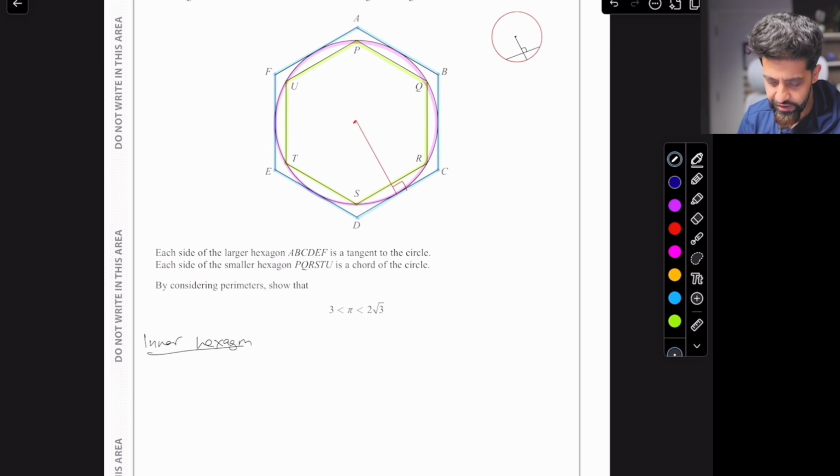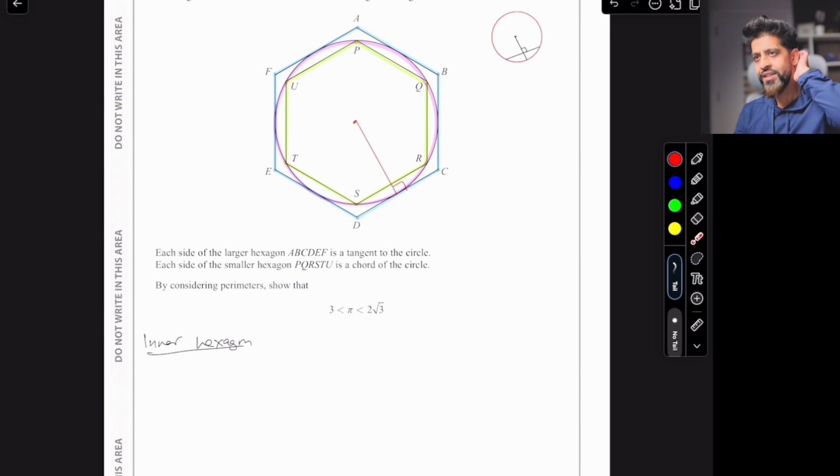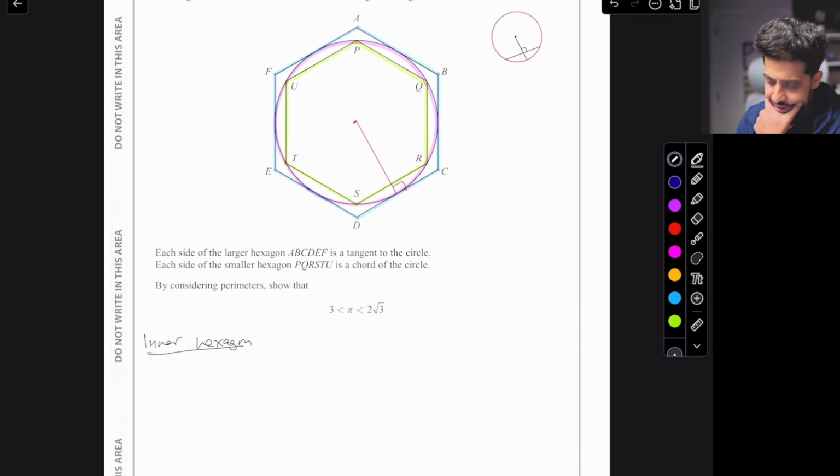With the inner hexagon, we have this, and this. These are the perimeters. There are 1, 2, 3, 4, 5, 6, obviously, hexagon. So 6 of these sides. But let's split this shape up a little bit more so we can understand what's going on. Let me get rid of this first. I just want to look at the inner hexagon here. Look what I'm doing, from the center to there.